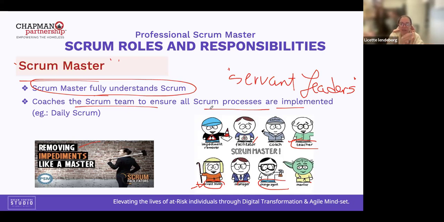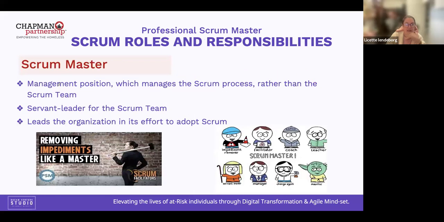It's whatever the team needs. He's supposed to resolve the problem or look at another team on another occasion, another meeting, to coordinate and facilitate the problem resolutions for the team. So the Scrum Master is a management position which manages the Scrum processes, not the Scrum team.